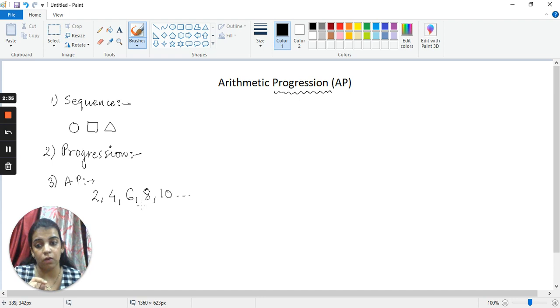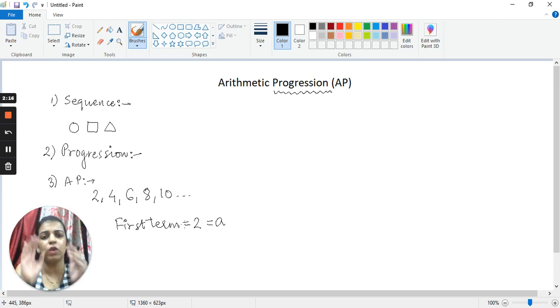Now there is the first term, the beginner term of the sequence, and here in this case it is 2. The first term of a sequence is denoted by small a.